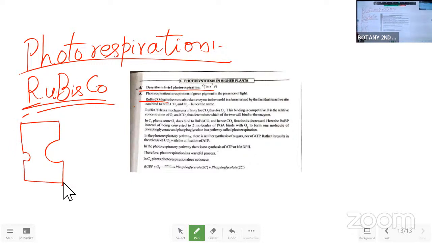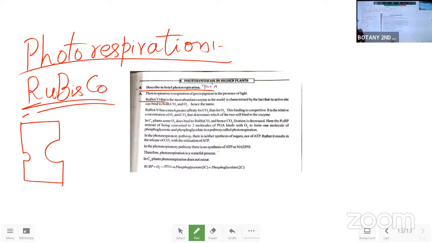So that the carbon dioxide, which is present in a lesser quantity also, cannot come and block this activation site of this enzyme. So the product formation is not in a proper way according to the photosynthesis.